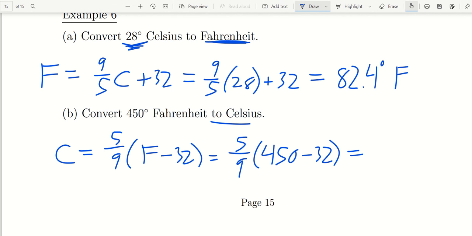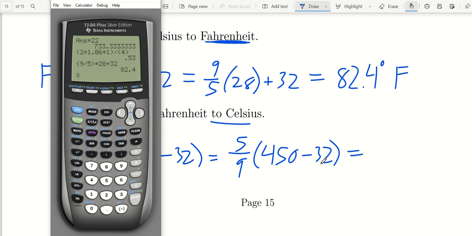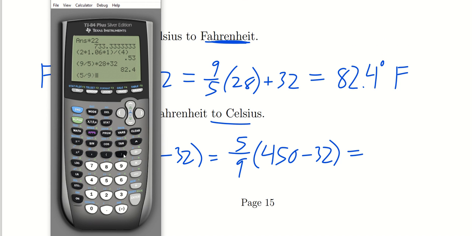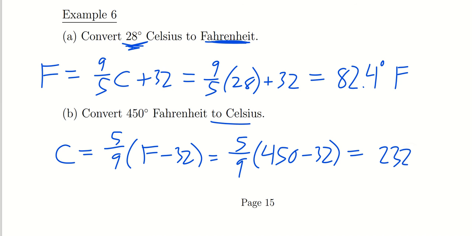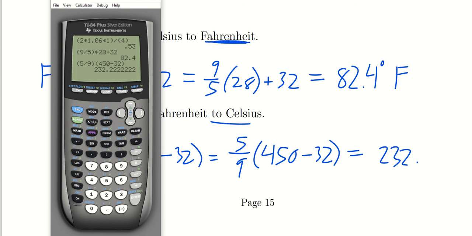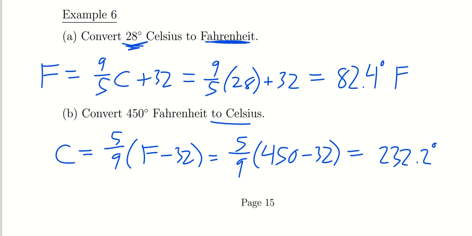We do it in the parentheses first. You have to subtract the 32, get that answer, and then multiply it by 5/9. I'm going to use my calculator, so I have 5/9, parenthesis, 450 minus 32, end parenthesis, and hit enter. And what I would get would be about 232.2, and that's going to be degrees Celsius.